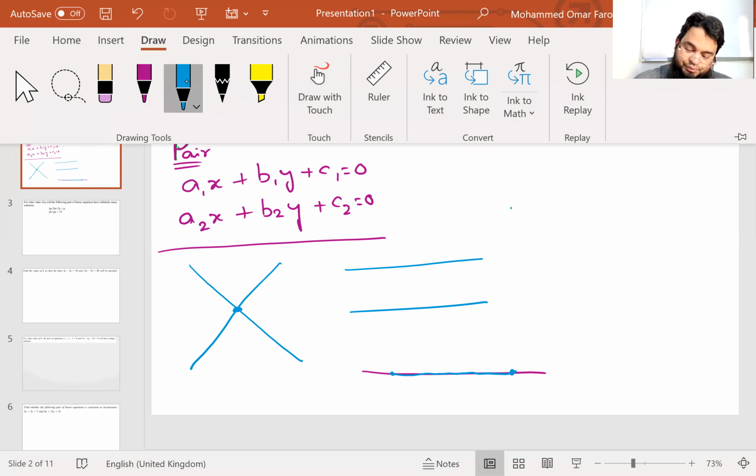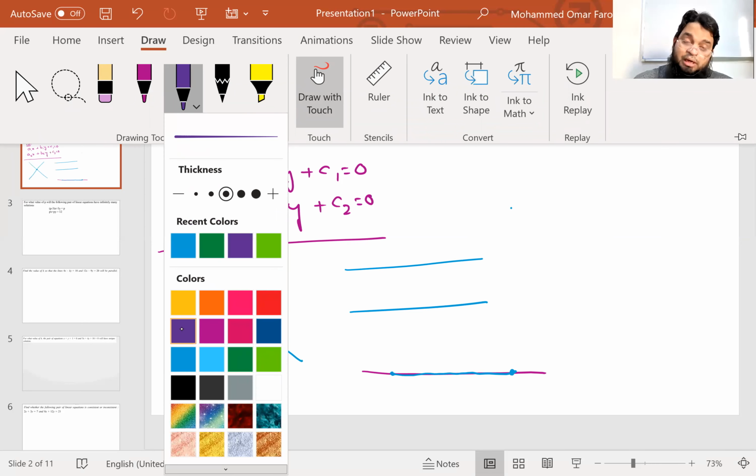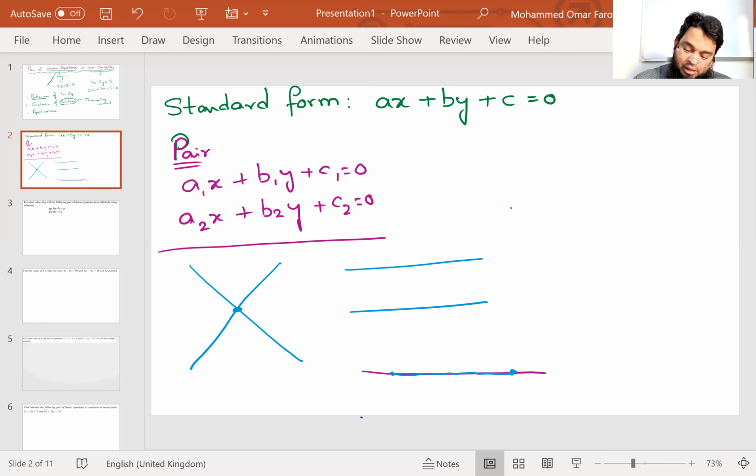The first situation is when two lines are intersecting, those two lines are called intersecting lines. That means they intersect at one point. And if two lines don't intersect, those are called parallel lines, lines which are parallel to each other. And the lines which fall one above the other are called coincident lines.